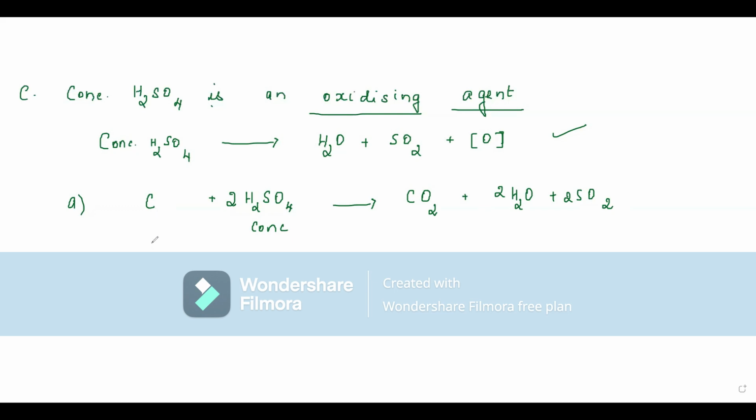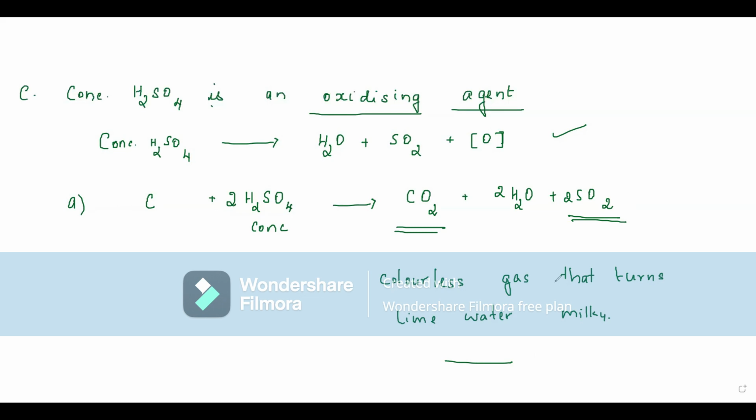Observation chances are very less, but let us still be prepared. Gray color non-metal carbon, when treated with concentrated sulfuric acid, gives a colorless gas that turns lime water milky. Now look at this. Carbon dioxide has no smell. It is odorless. Sulfur dioxide has a pungent, choking odor. But we are very careful here.